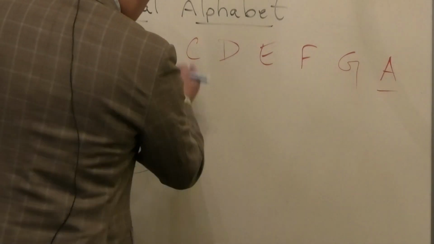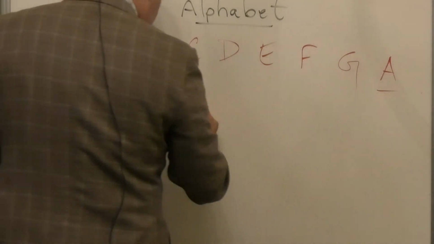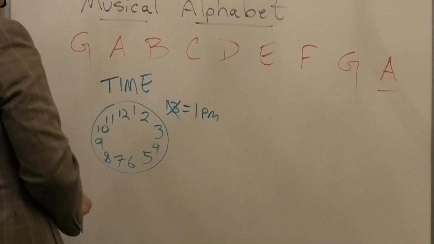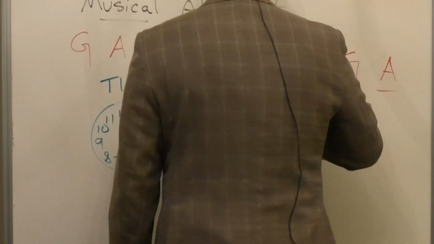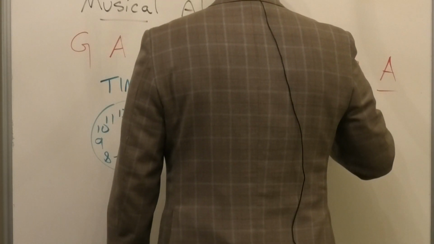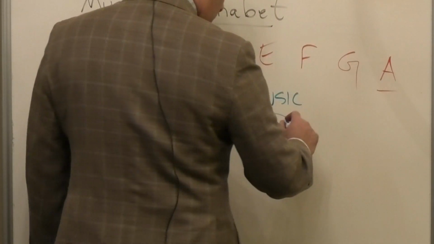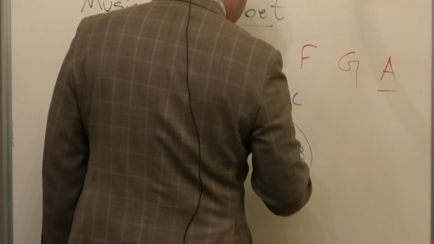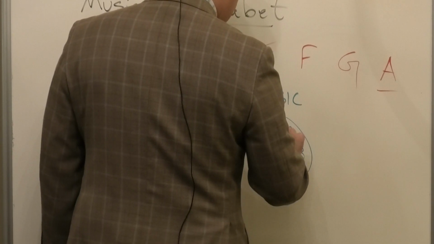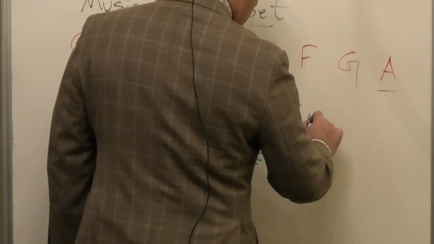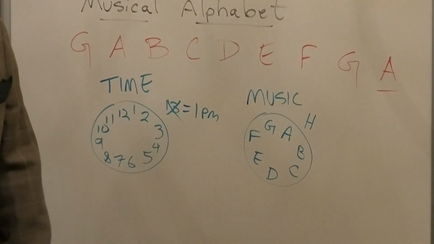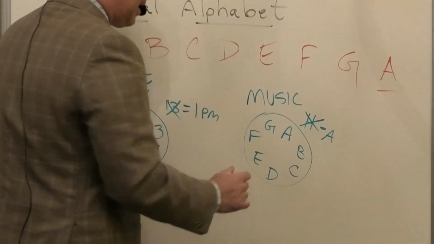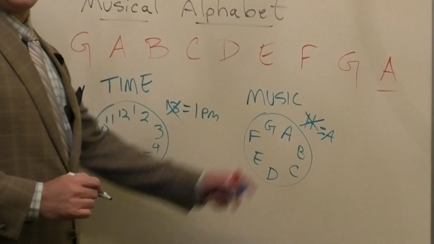In the military, if somebody says 1300 hours, what they mean is 1 p.m. 13 equals 1. Okay? Music is the same way. We have the musical alphabet, A, B, C, D, E, F, G. There's no H. All right? H equals A.